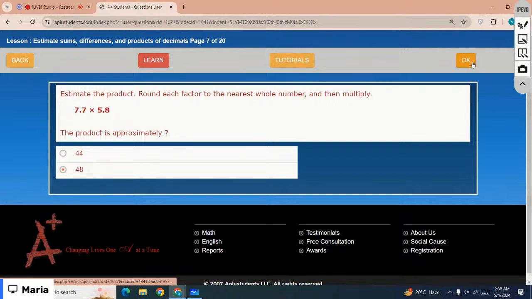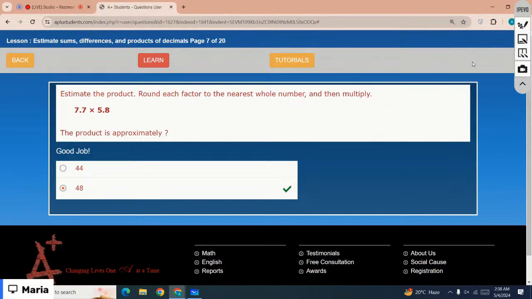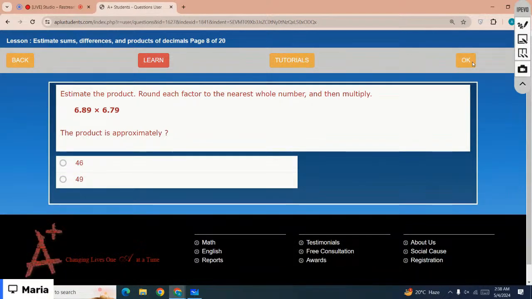The correct option is 48. Estimate the product, 6.89 times 6.79, which is the correct option? Yes, they both are rounded off to 7 times 7. So 7 times 7 is.